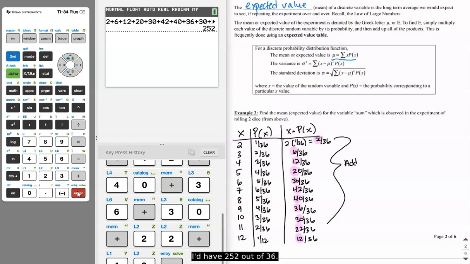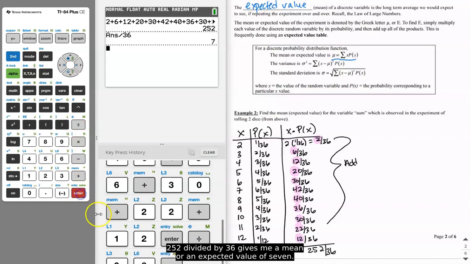So let me go back. I'd have 252 out of 36, and we can actually figure this out. 252 divided by 36 gives me a mean, or an expected value, of 7. So let me write this on here.